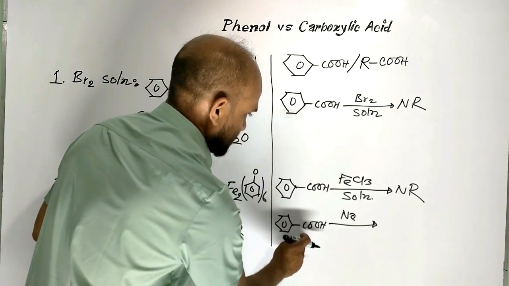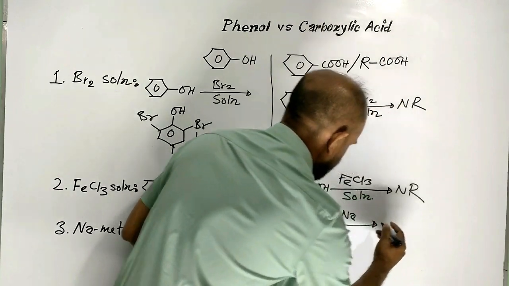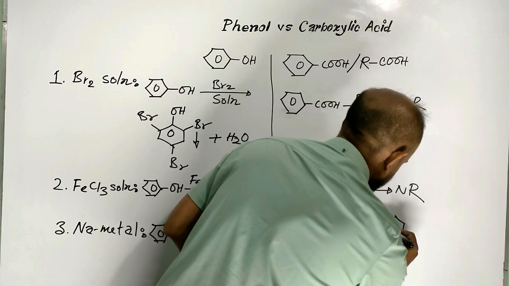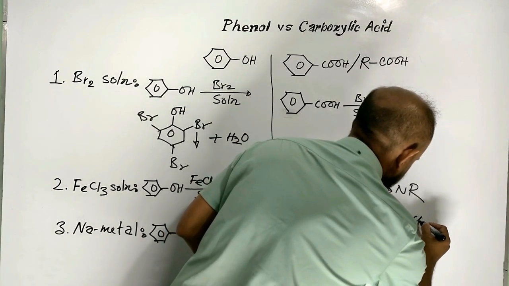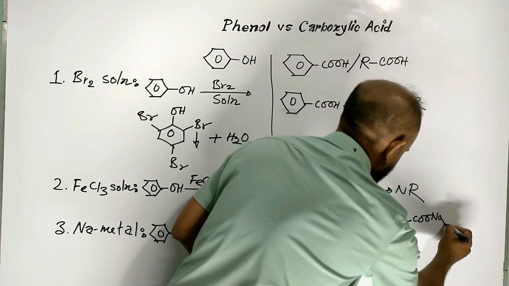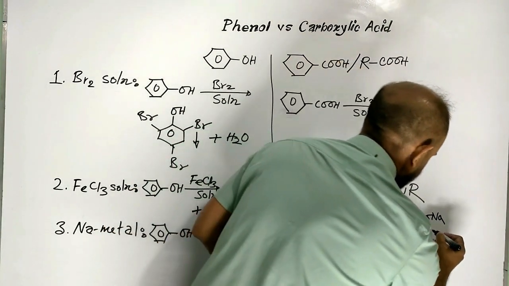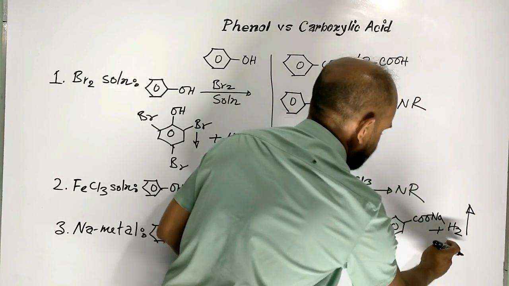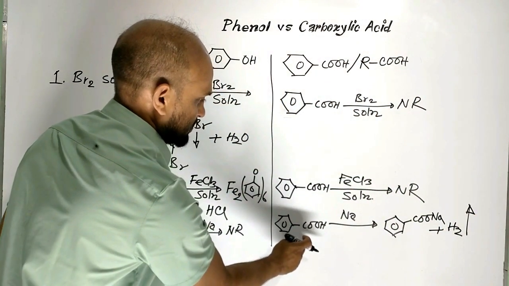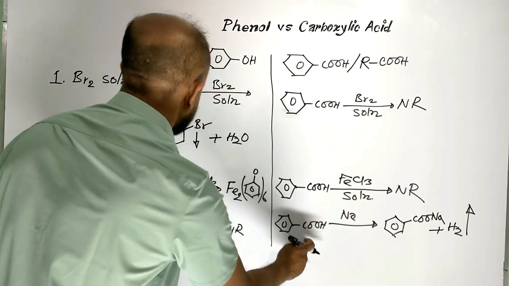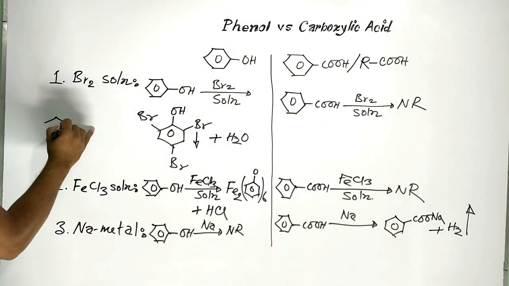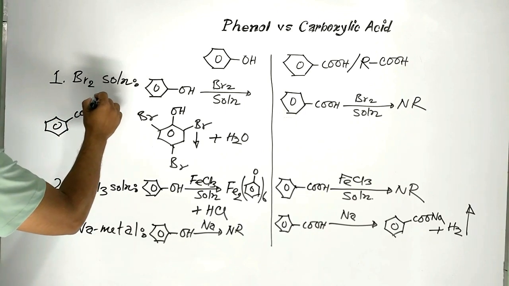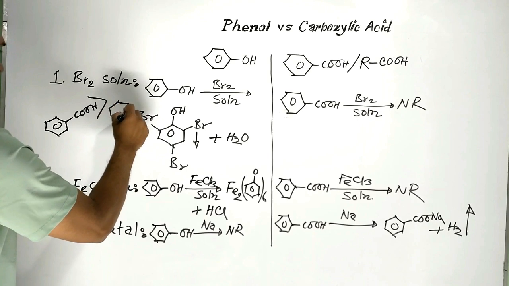That is why carboxylic acid undergoes reaction with sodium metal to form this compound, sodium benzoate, and hydrogen gas evolves from the reaction. Carboxylic acid is a kind of stronger acid compared to phenol.